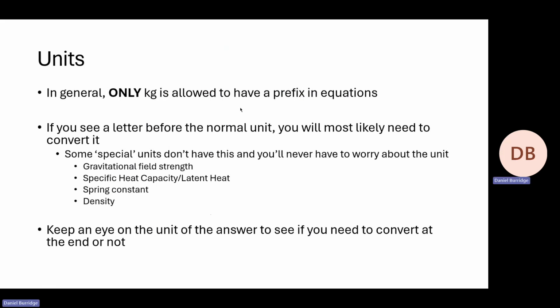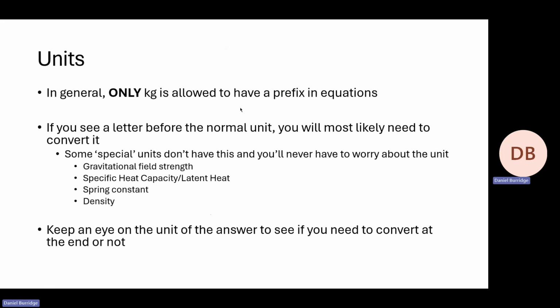Okay, so grams is obviously the normal unit, but the kilo, the prefix, is supposed to be there. Everything else, you need to convert that out. So if you see a normal unit with a letter before it, most likely you're going to need to convert them.